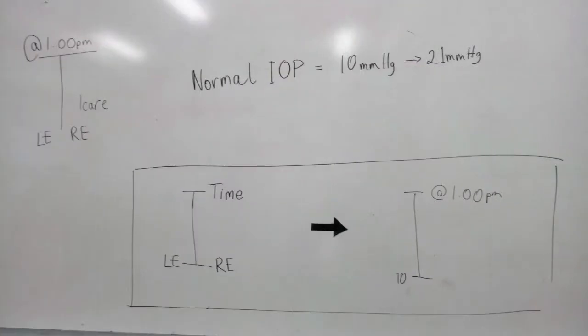There are 2 ways to record an IOP measurement using the I-CARE tonometer. These are demonstrated here. In the box is the template that is normally used when recording using an I-CARE tonometer, and in the top left-hand corner is another example of how to record a measurement with the T recording. We must indicate that we use an I-CARE tonometer here, as it will be unclear as to which method was used to obtain the measurement.